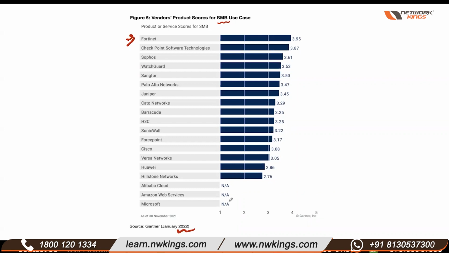It's not about the GUI of FortiGate, which I find very easy to manage and configure. Of course, that's an add-on, right? But the focus of this course is to make you a good troubleshooter.